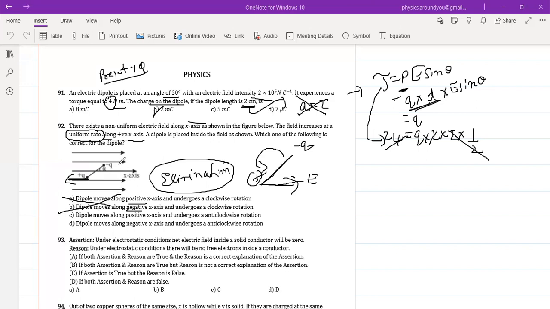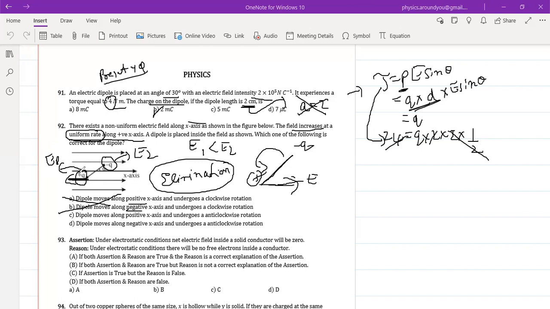Obviously, the answer, right? You can see that plus Q is behind minus Q. In the sense, the field experienced by this is E1. Let's say the field experienced by this is E2. I can definitely say E1 is less than E2. Sir, how is that? Because the field is increasing along the positive x-axis.